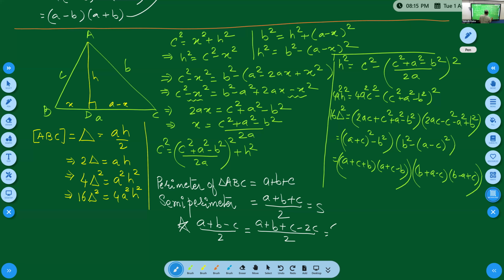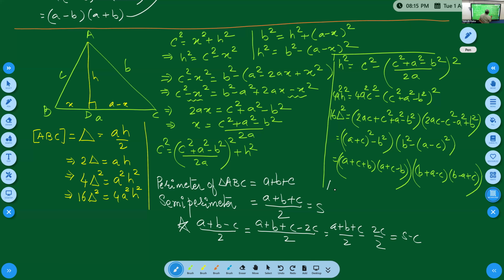A plus b plus c by 2 minus 2c by 2, which is equal to s minus c. So if I take one of the three negative, then it is eventually semi-perimeter minus c, whatever we take here. Correct?